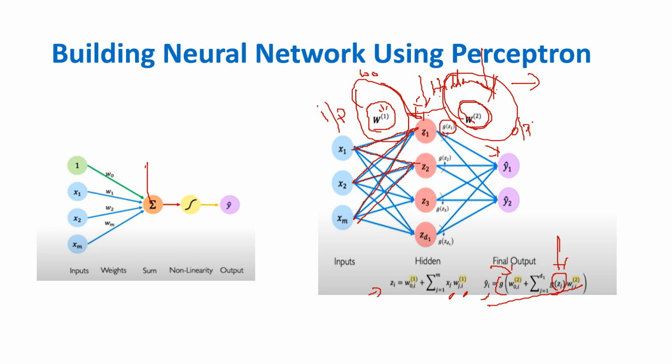We have certain controls, and the weight is one of the controls. We cannot change the input. What we can change is the weight matrix. Initially we can have some weights, and we may go wrong. Later, depending upon the error that we get from the network, we can update these weights, and we can keep repeating this until we arrive closer to the actual output. That is what is called backward propagation.